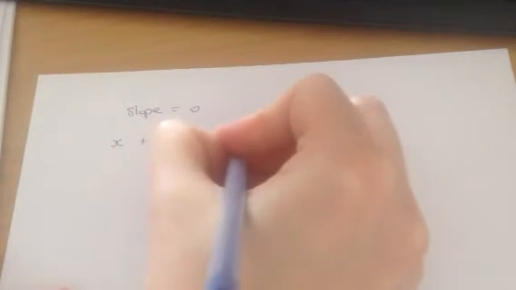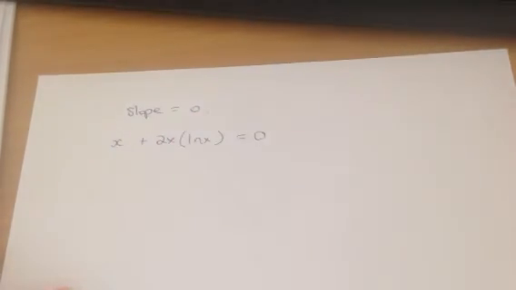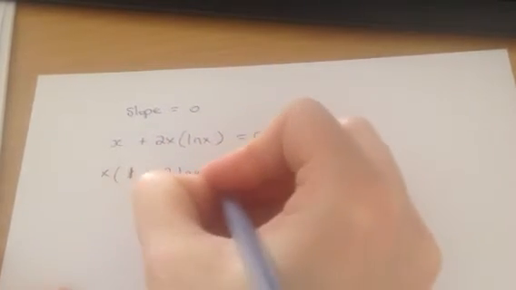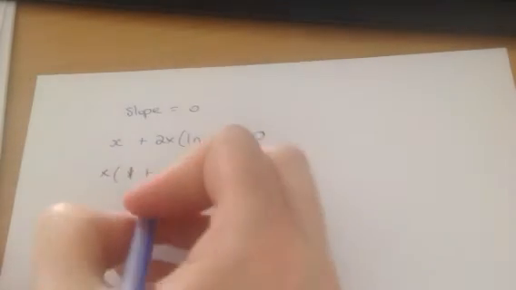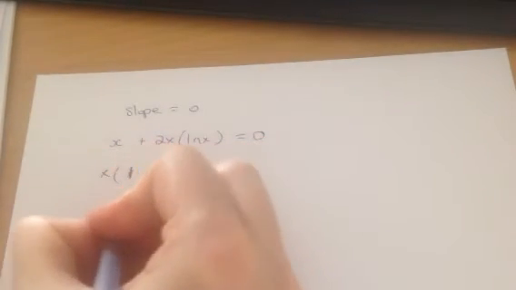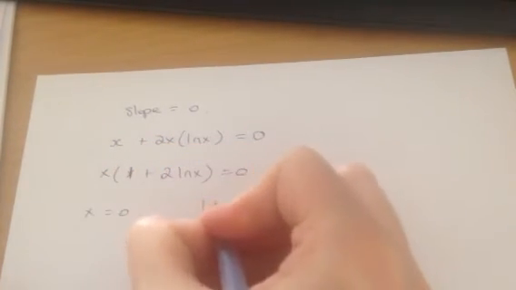So I'm just after finding out the formula for slope there. x plus 2x bracket ln x equals 0. I'm going to solve this equation. I'm going to take the x out in common. That's x times 1 plus 2 ln x is equal to 0. And I'm going to let each factor here equal to 0 as I normally would.